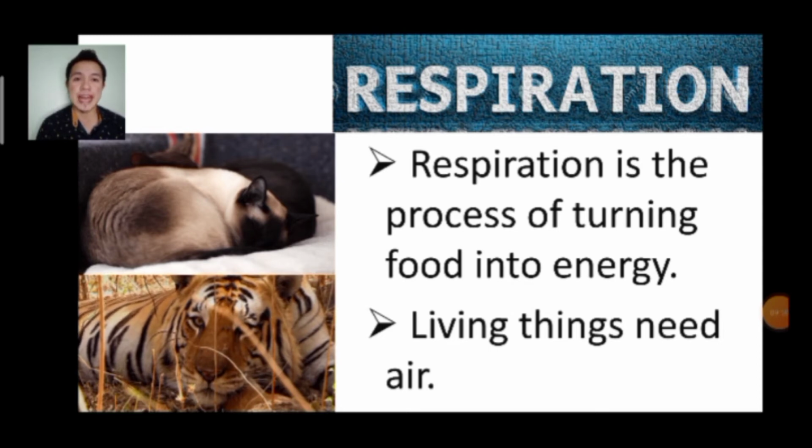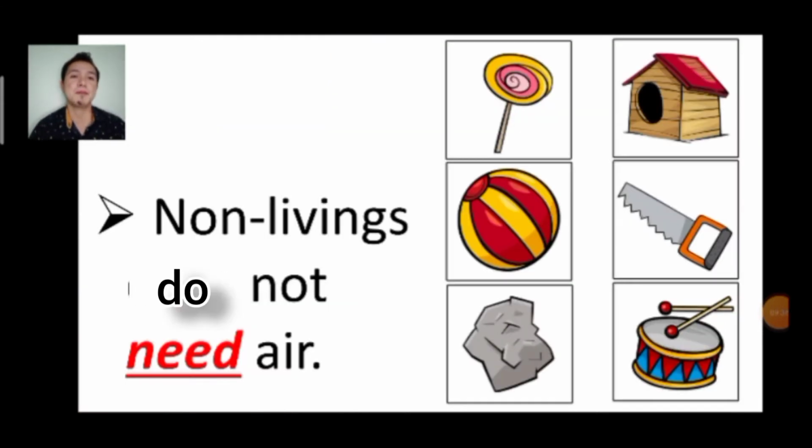Look at the cat and the tiger. Both of them are breathing, because living things need air and living things respire, including the plants also. But non-living things do not need air. Remember that one, kids.